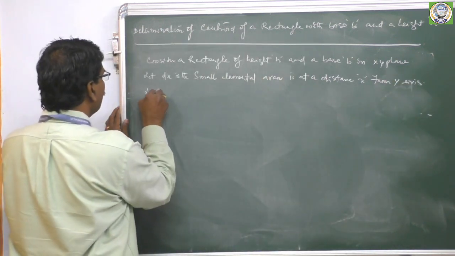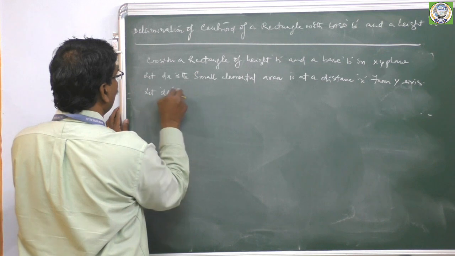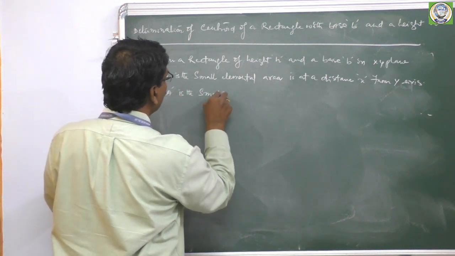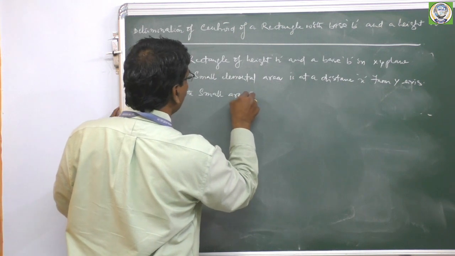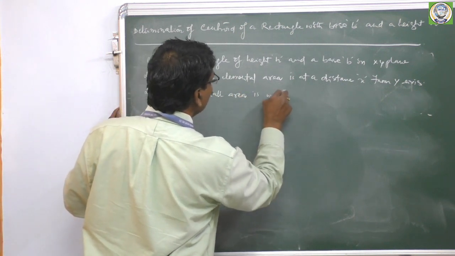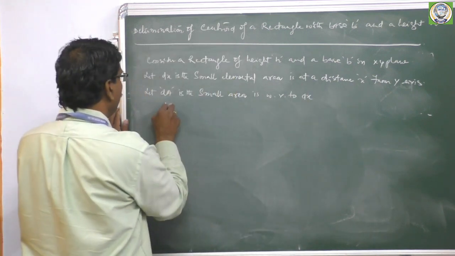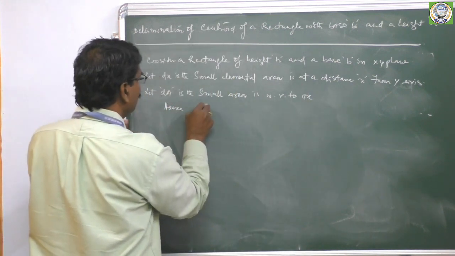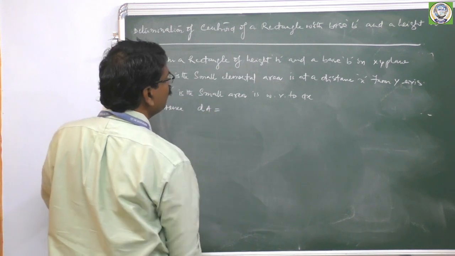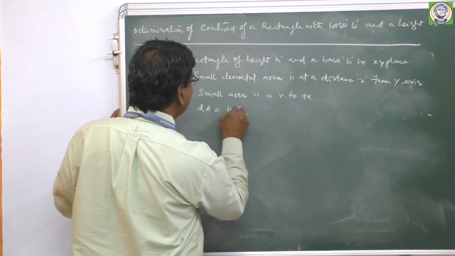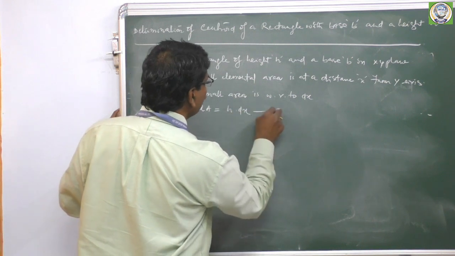Let dA be the small area with respect to dx. Hence, we need to write dA as dA is equal to h dx, equation 1.